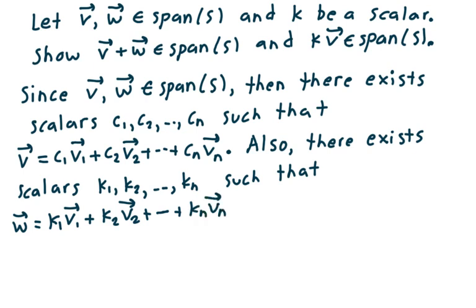Okay. Now we're set. So we wrote V as a linear combination of the vectors in S. We wrote W as a linear combination of the vectors in S.